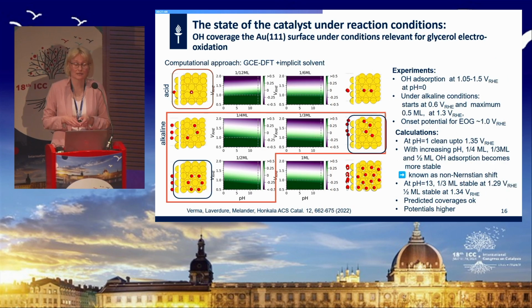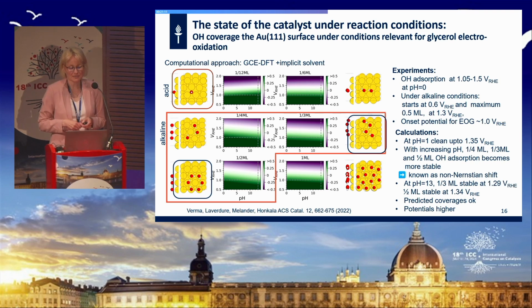And now our question was, how do we understand this pH dependence? We start by looking at what the state of the catalyst is under the electrochemical reaction conditions. And this is why it's nice that gold is simple, because it does not oxidize at the potentials where the electrooxidation of glycerol or sugars takes place. So we don't need to look at the coverages of oxygen or surface oxide formation. It's enough to consider how much OH is present on the surface. And for these Pourbaix diagrams, we carried out the grand canonical ensemble DFT calculations.